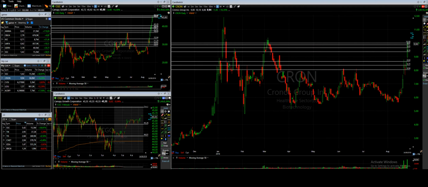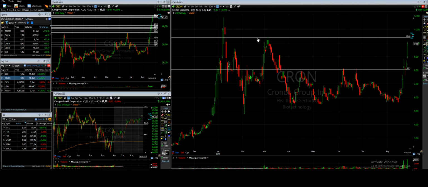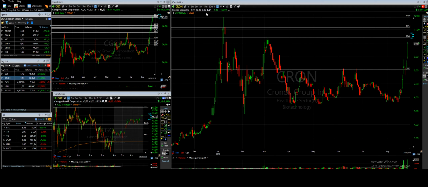But I'm looking at the chart, and let me erase all the lines as well. So the daily chart, which areas? Breakout area right there, the $8. We got the area right here at 10.40, and we got a line right there, start of the backside, and the wick right here.